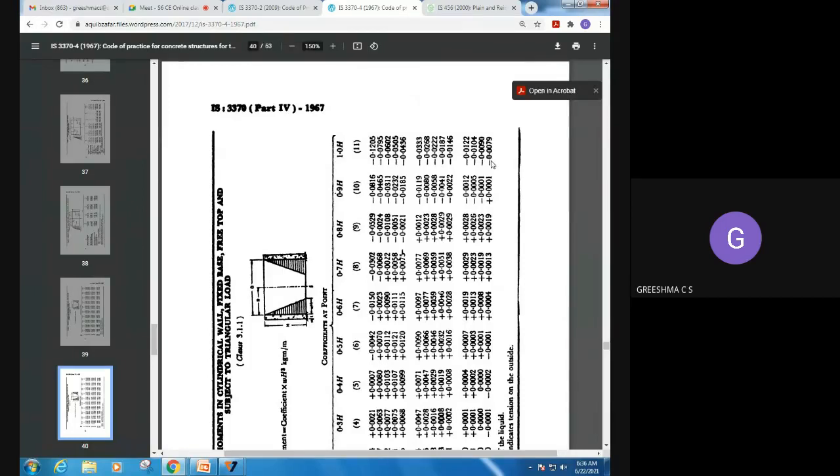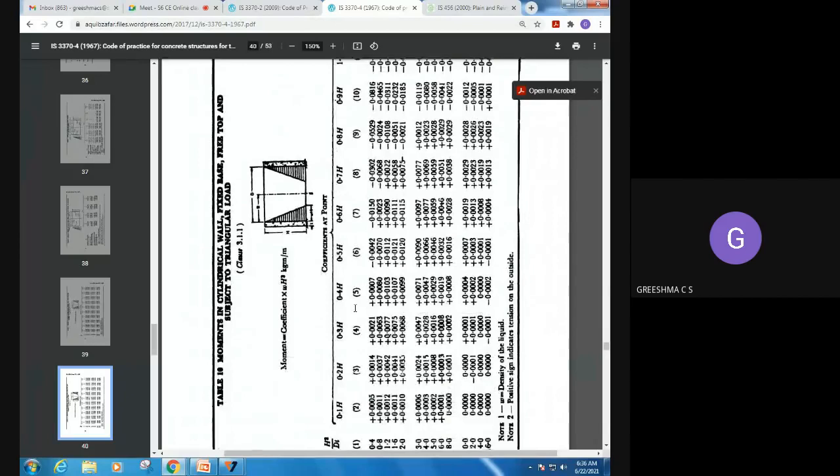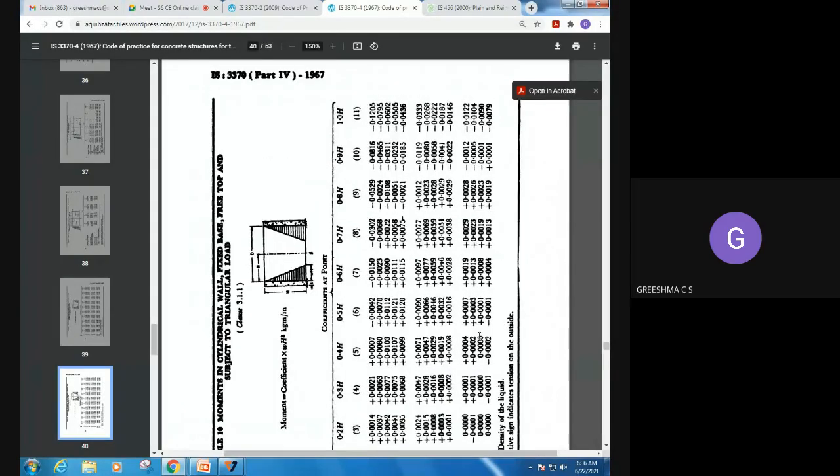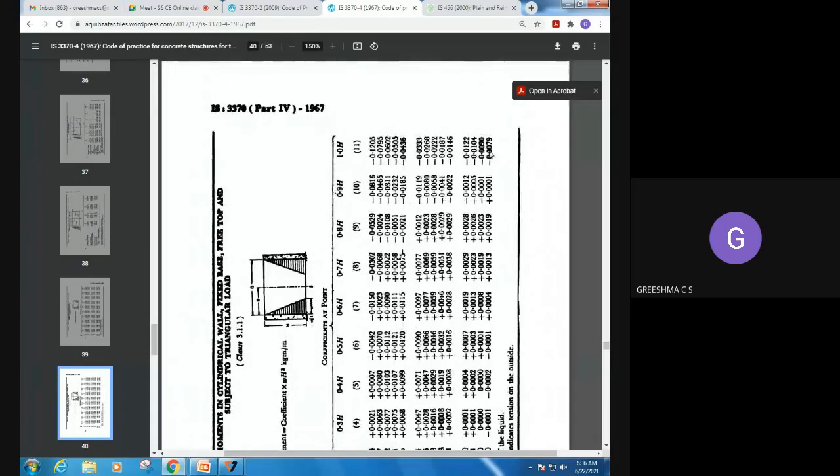Okay, so we have got the maximum bending moment coefficient. All of you please take IS code table 10, and take the corresponding h square by dt. At 1h, the corresponding value is 0.0079.